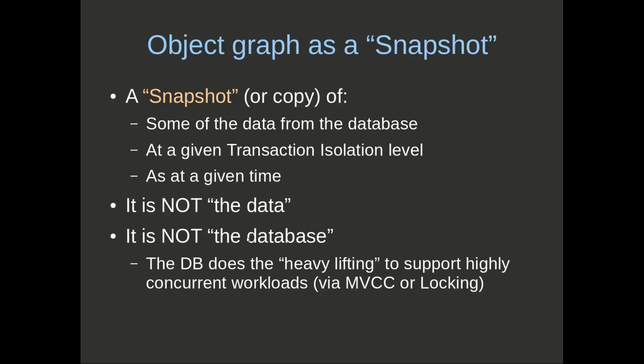And we're not trying to be the database. The database is doing lots of stuff to make this all work with high concurrency. And we're not trying to be the database from an ORM perspective. We're just trying to say, hey, here's a snapshot, a copy of part of the data that the database is giving us. And this is relating back to optimistic locking.